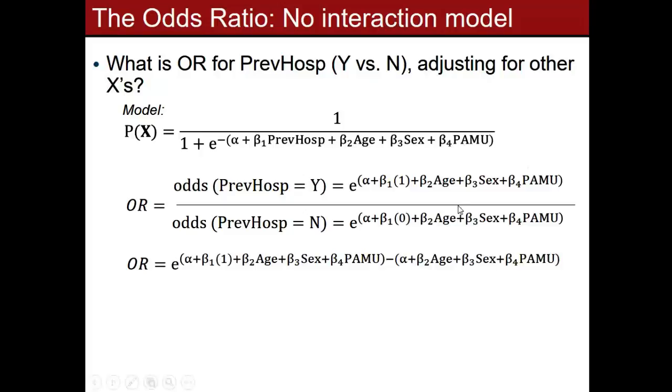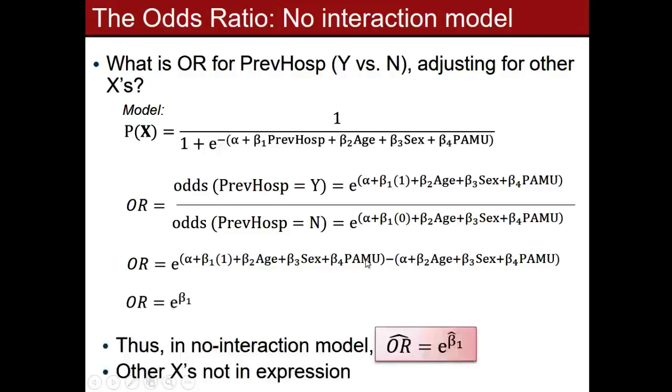Another way to write this big old fraction is as a difference: the exponent in the numerator, e to the alpha plus beta 1, that's previous hospitalization equals yes, minus the exponent of the denominator. By the rules of how we work with exponentials, you can take this subtraction, and what happens is everything cancels except for beta 1.